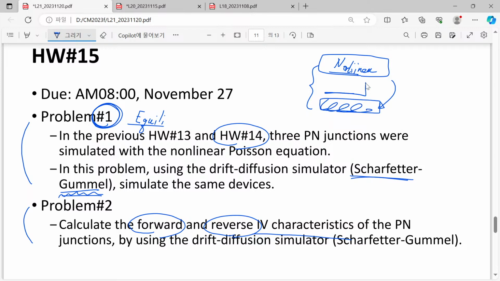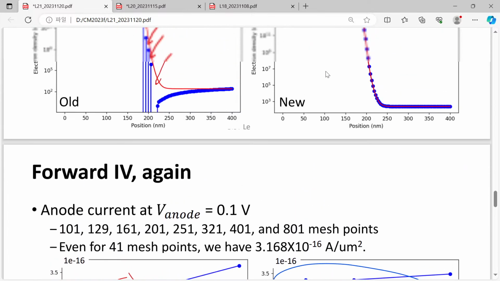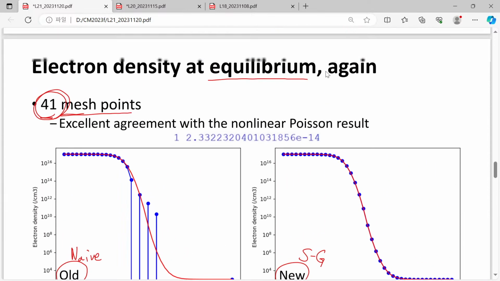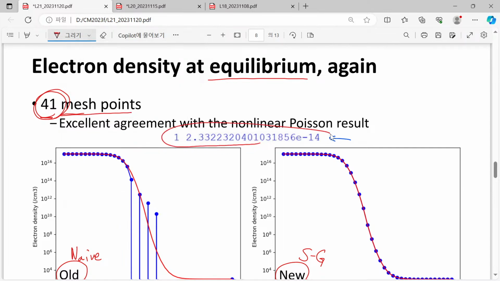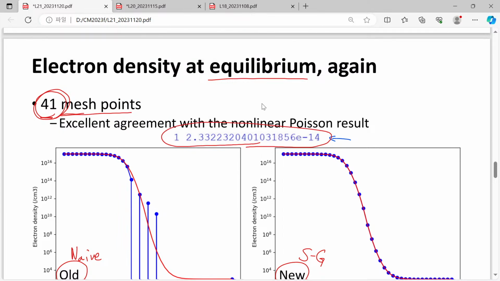And I think that the naive implementation you have done in the previous lectures will give you a certain starting point for your implementation. What I wanted to say here, please have a look at this number. This is nothing but the very first update I got when I started the Scharfetter-Gummel simulator.